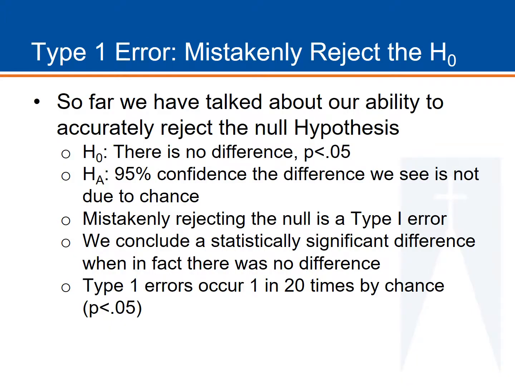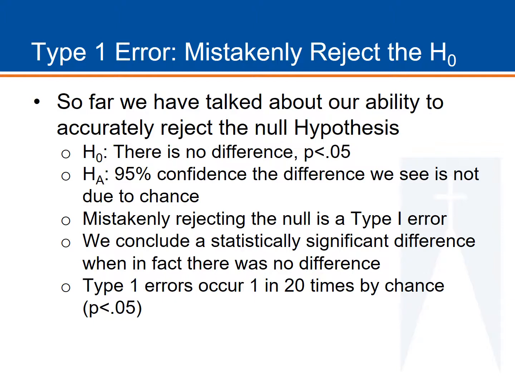We're very interested to know the probability of both the type 1 and type 2 errors. Now the type 1 error, we haven't talked about it by that name, but we have talked about the concept that we have a 5% chance of making a mistake when we reject the null hypothesis and claim there is a statistically significant difference based on probabilities.